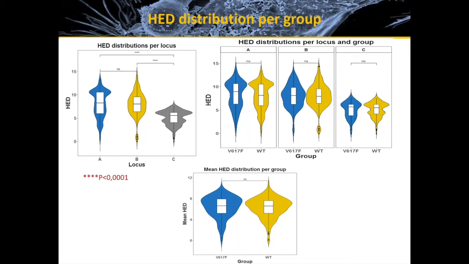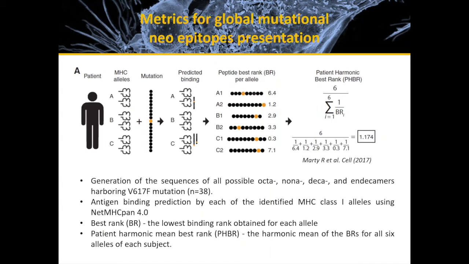Then we further assessed the theoretical ability of the HLA class 1 genotype of any subject to present peptides derived from JAK2 V617F mutant protein. As you can see on the next slide, we followed the procedure that was originally developed by Marty et al. to derive the theoretical best binding rank for each locus, as well as the patient harmonic mean best rank for each subject in the study.